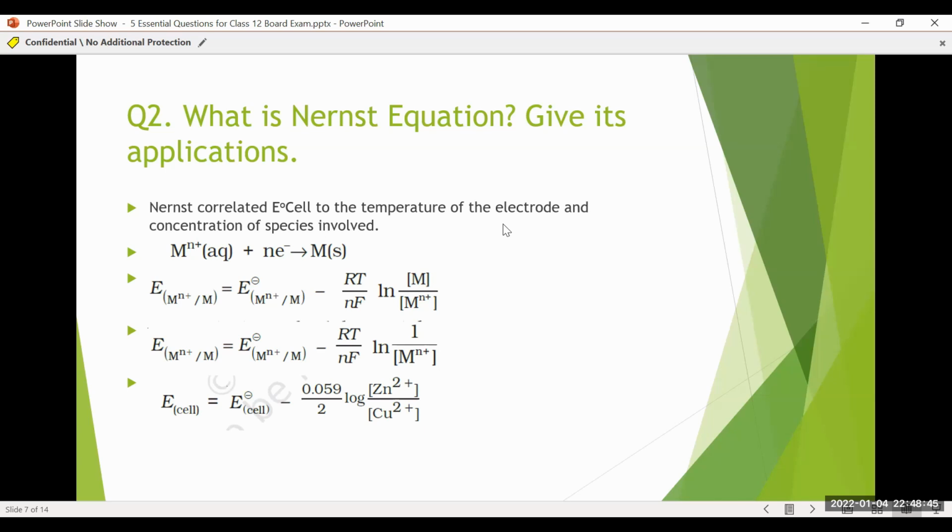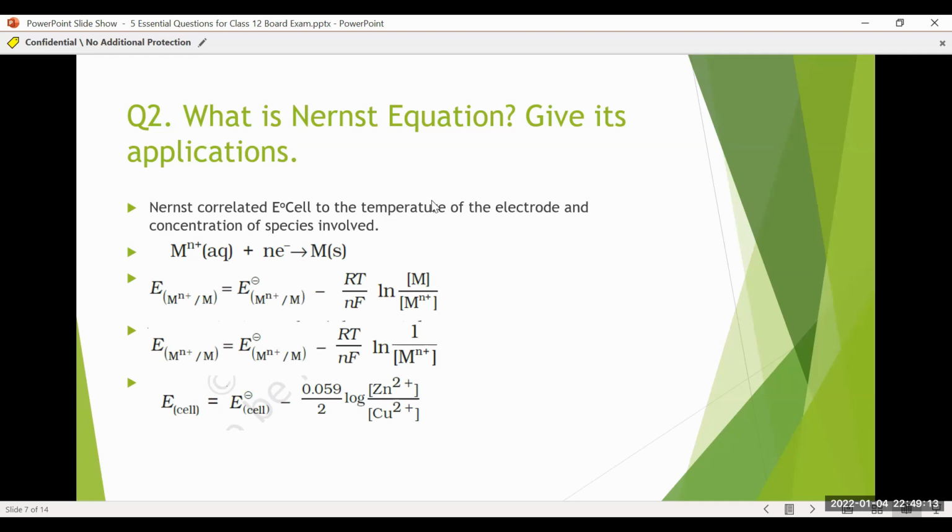Electro and chemical, split meaning, see: a cell from which electricity is produced, what do you call it? Electrochemical cell. A cell, a device which produces electricity as a result of chemical reaction, is called an electrochemical cell, such as dry cell, galvanic cell, Daniell cell, all work on the same principle.